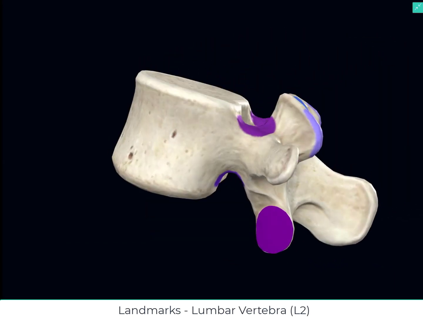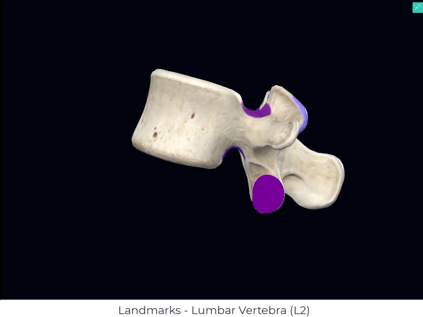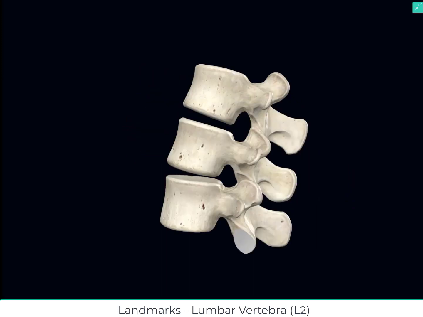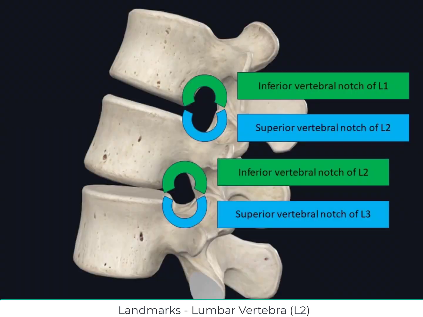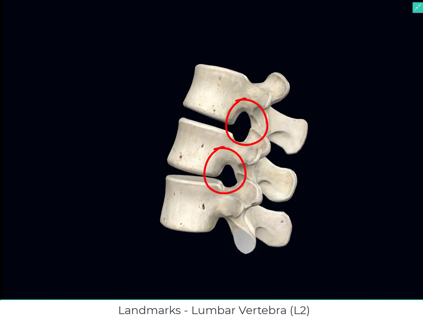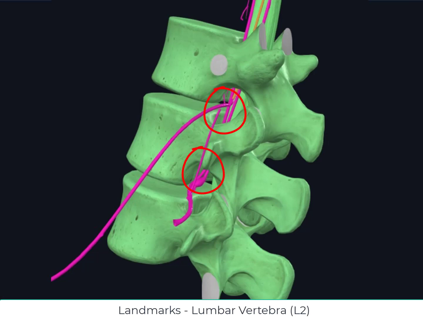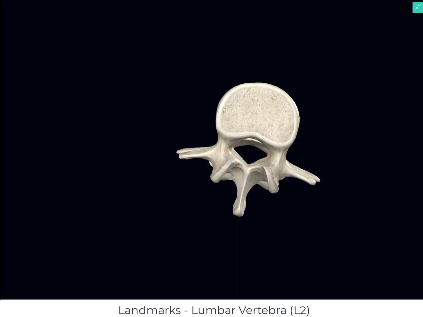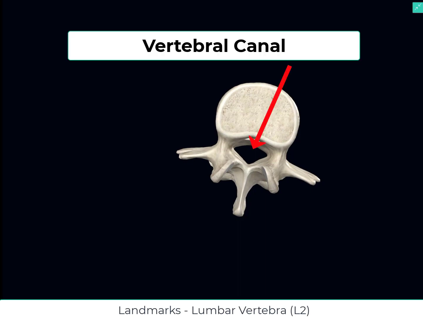Now, these two structures are important because when we have adjacent vertebrae, these notches create a hole, a foramen. And this foramen we call the intervertebral foramen. And this is how nerves enter and exit from and to the spinal cord, which goes through this canal. We call that the vertebral canal for the spinal cord.